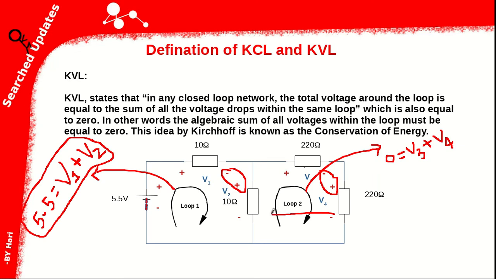See, here the signs are similar, so put minus, and the voltage drop of this is V2. And this is the second KVL equation.